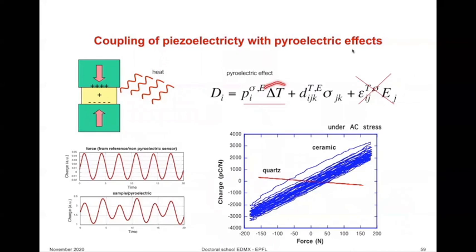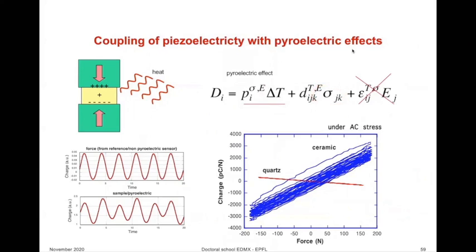So for example, here, if we don't have any electric field in the material, but temperature can change and the pressure can change, then we can have that charge is produced on the surface of the sample if symmetry allows that, by temperature changes, if material is polar, and by pressure.